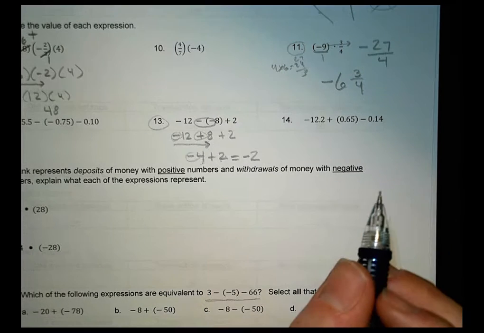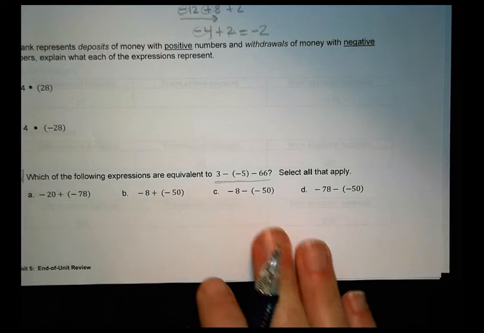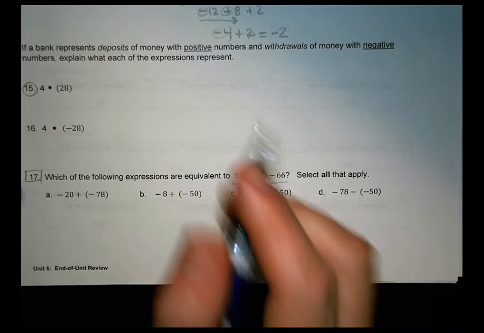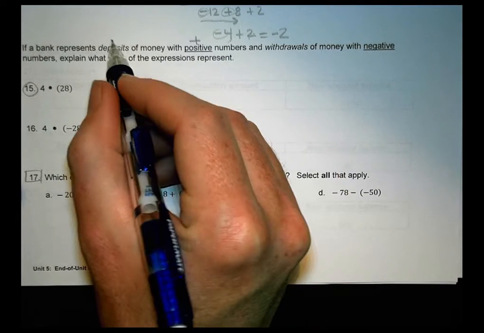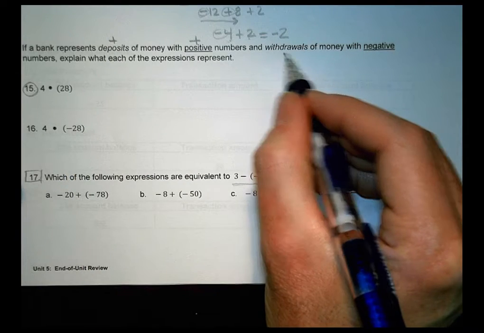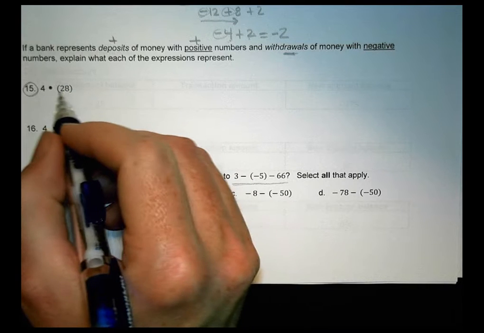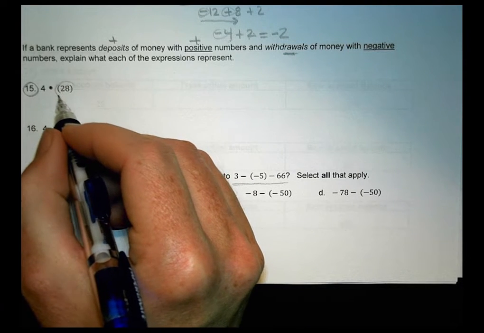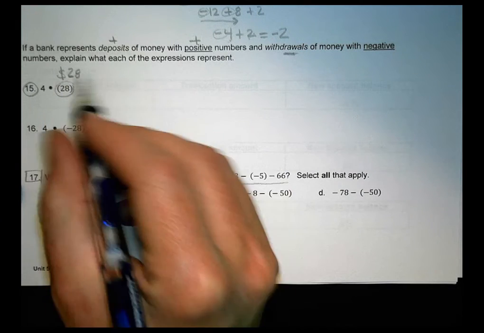All right. Number 15 and 16 here says, if a bank represents deposits of the money with positive numbers, deposits are positive, and withdrawals with negative numbers, explain what the expression represents. Okay, so here we have 28, which is probably our money, $28, and it's positive.